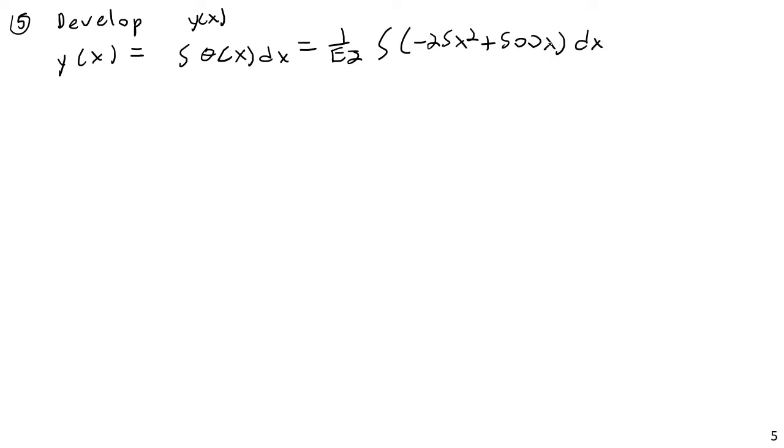My x's look like lambdas. And so then that will produce a 1 over EI of negative 25 over 3 x to the third plus 250 x squared plus C4.